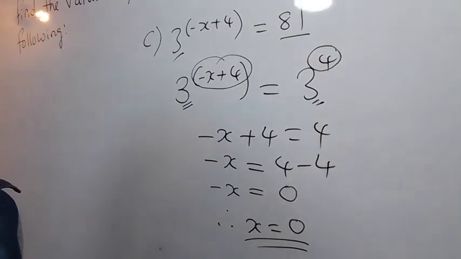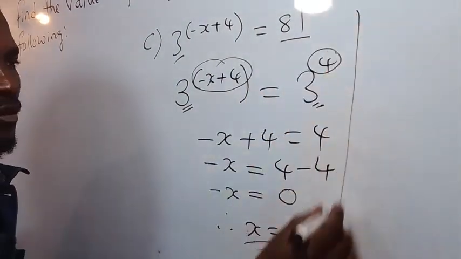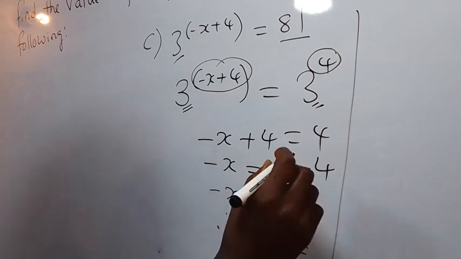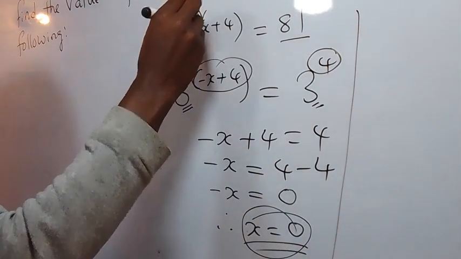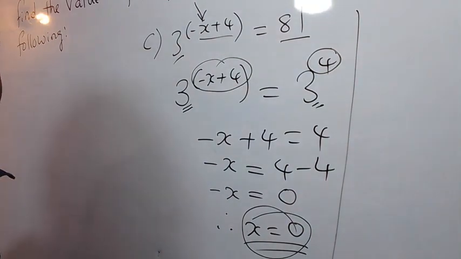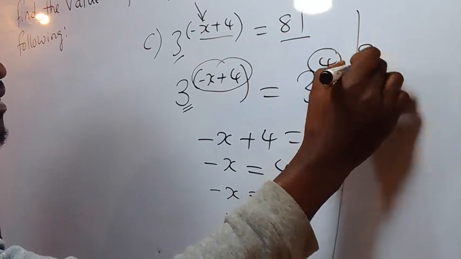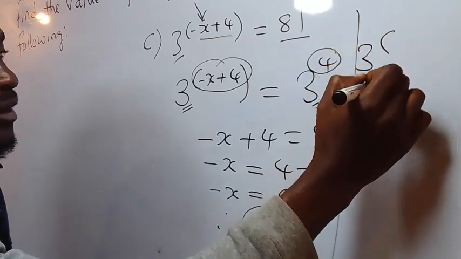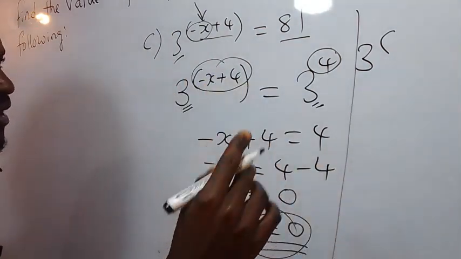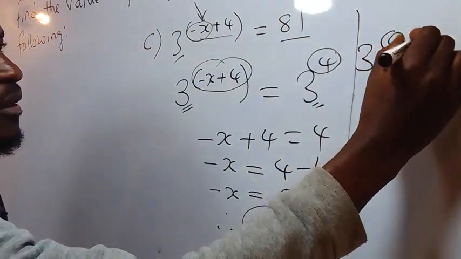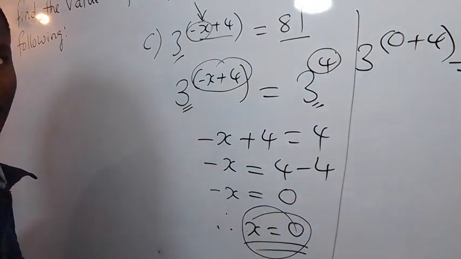So x equals 0, just to help you understand what is going on. If I get the actual value of x and plug it back into the original equation, then this is going to be 3 to the power open bracket 0, which is a neutral number, plus 4 equals 81.